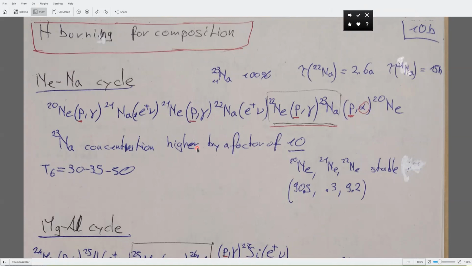So if it starts like this, then with the dredge-up, these elements are brought to the surface and then thrown away and dispelled in the last phase as a planetary nebula.